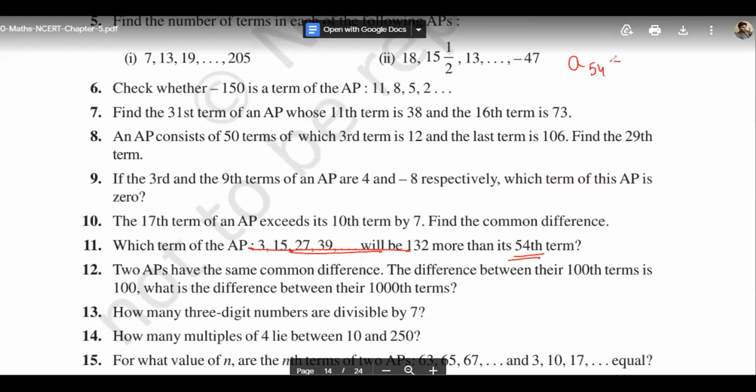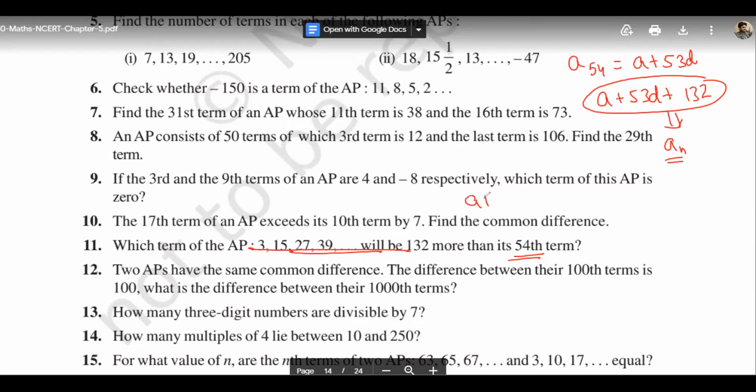So if its 54th term is A plus 53D, then when you add 132 to this one, that is A plus 53D plus 132, then this will become the new AN, and you need to find out that which term of this AP is that term. So simple, it is simple.